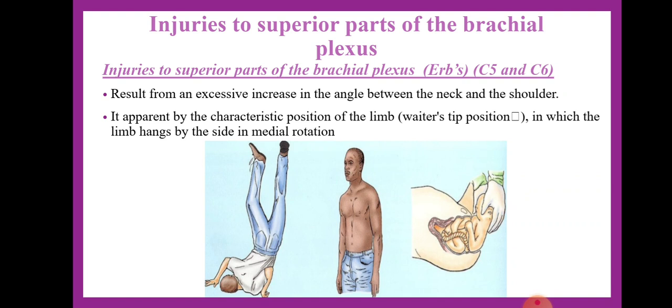This leads to injury of the upper trunk of the brachial plexus. The patient here is characterized by the waiter's tip position: the upper limb hangs by the side in a medially rotated position. This position is known as waiter's tip position.